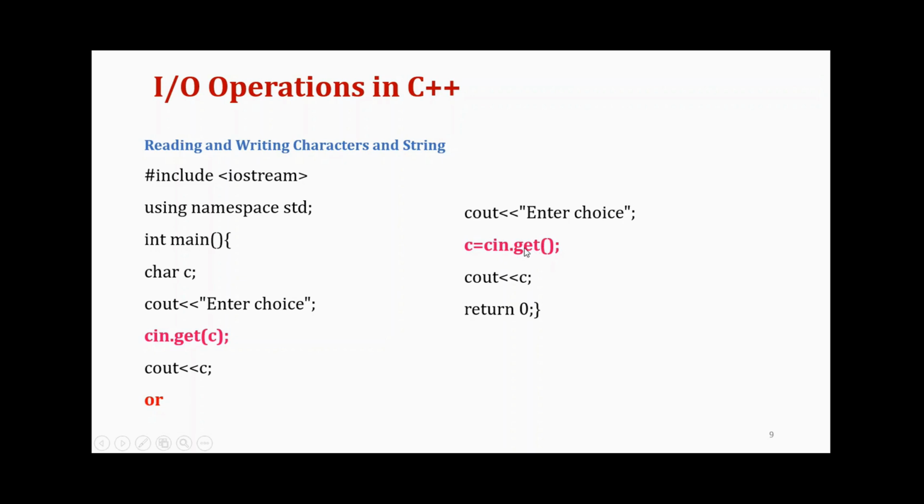This function is going to read the value from the terminal, and that value will be sent to the character c. So both the statements are same. Here inside the function I'm passing the variable name, and here inside the function nothing. The function is returning the single character from the input stream, and that will be sent to the character c. So both are same.